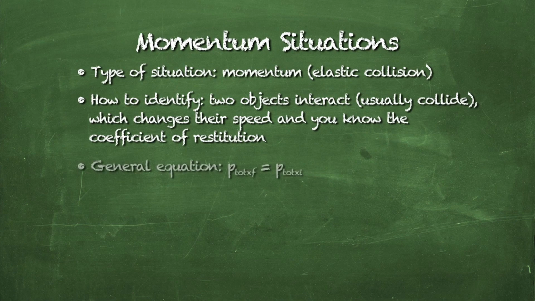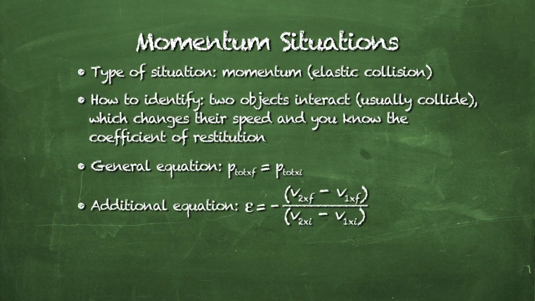Our general equation is still that the total momentum in the x direction initially is equal to the total momentum in the x direction finally, but we also have the additional information on the coefficient of restitution, which is equal to, in equation form, minus (v2x final minus v1x final) divided by (v2x initial minus v1x initial).